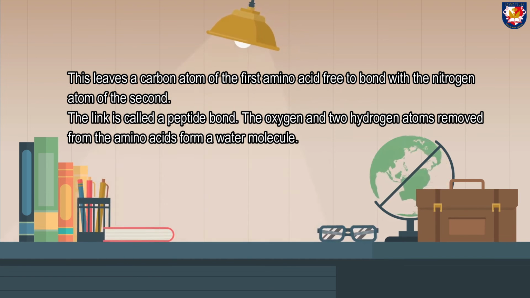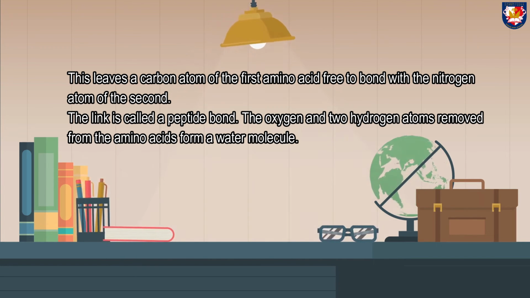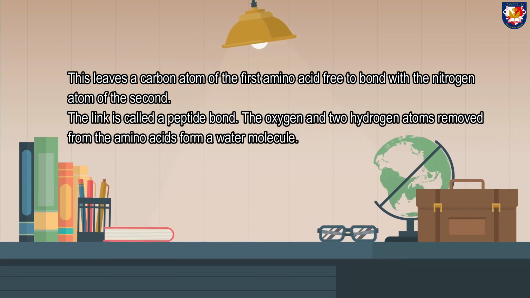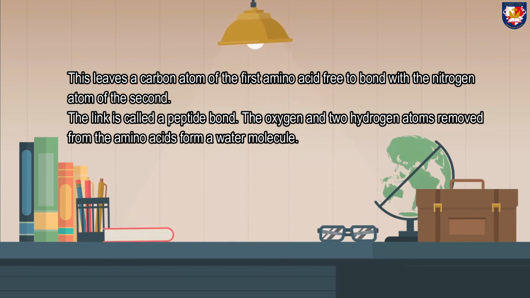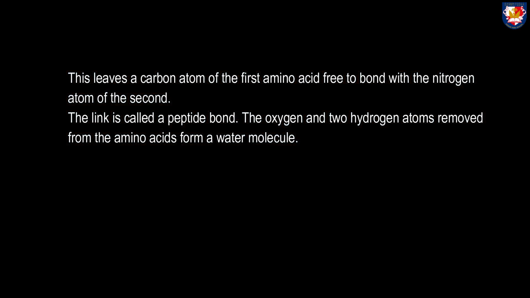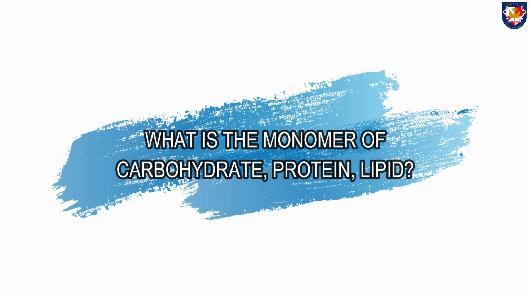This leaves a carbon atom of the first amino acid free to bind with the nitrogen atom of the second. The link is called a peptide bond. The oxygen and two hydrogen atoms removed from the amino acids form a water molecule.